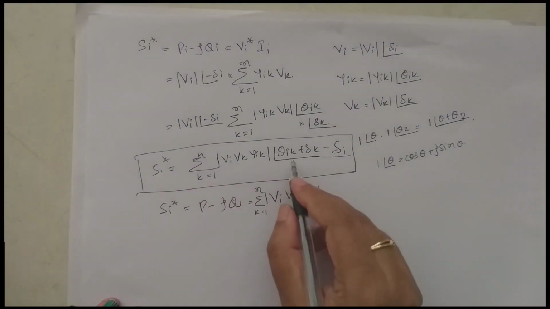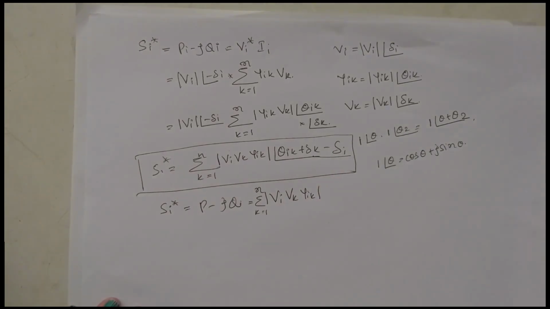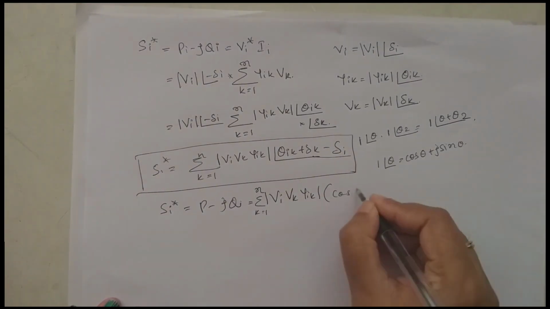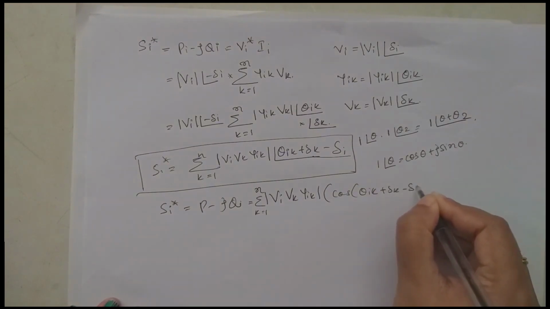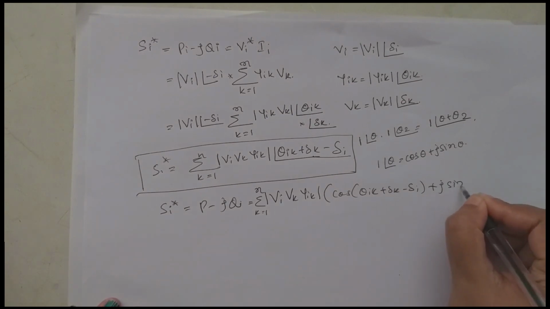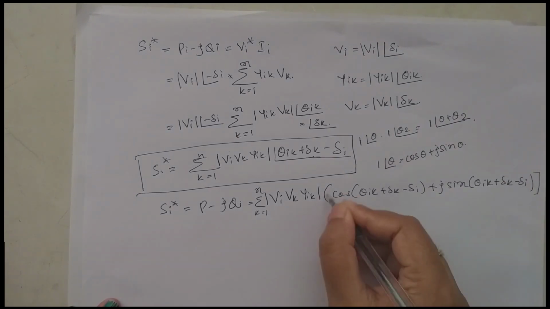So here, at an angle theta ik plus delta k minus delta i can be represented as cos of theta ik plus delta k minus delta i, plus j sin of theta ik plus delta k minus delta i.